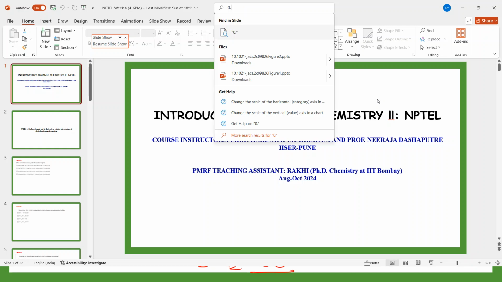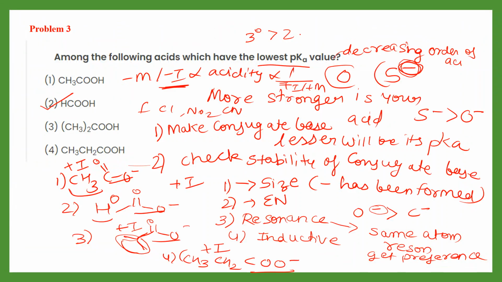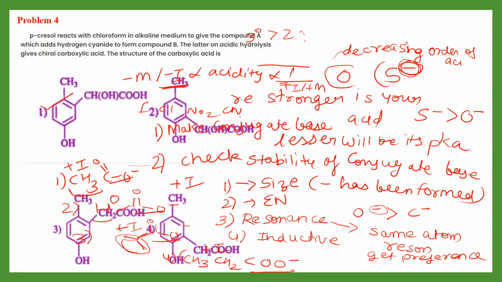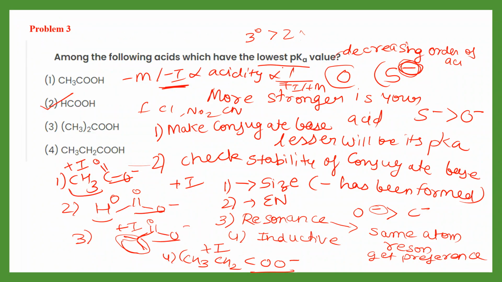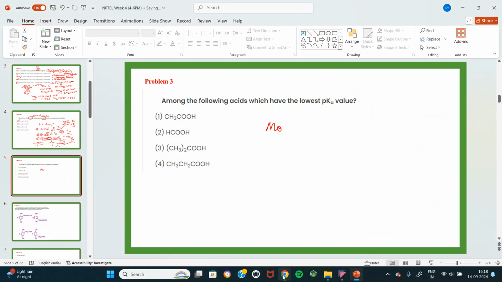Okay, wait, sorry, 3 degree carbon, 2 degree carbon, and your this is plus I order. Can't write by this. Wait. Is there someone who has joined our class?